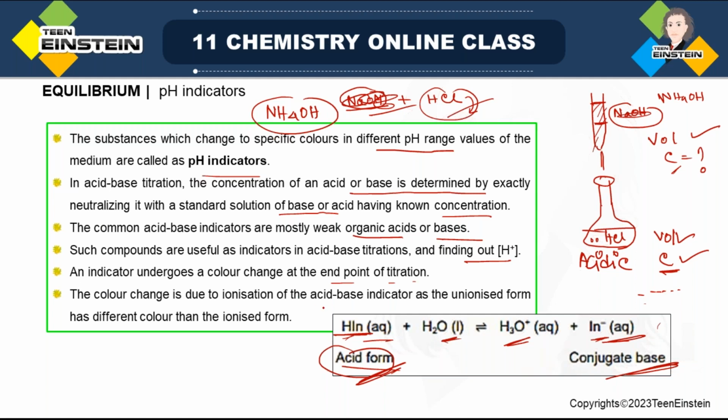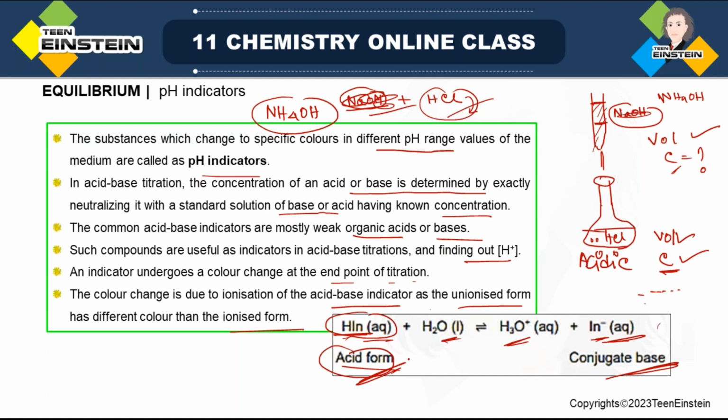This color change is because of ionization of acid base indicators. So here we have this general formula for indicator. Color change is due to ionization of the acid base indicator, as the unionized form has a different color than the ionized form.